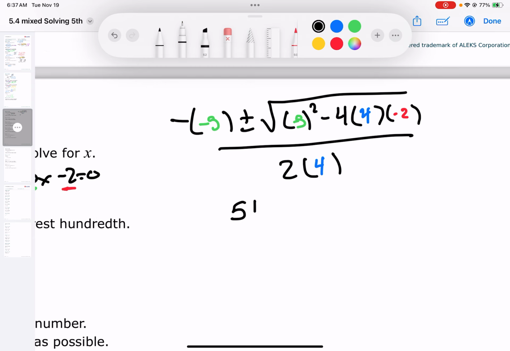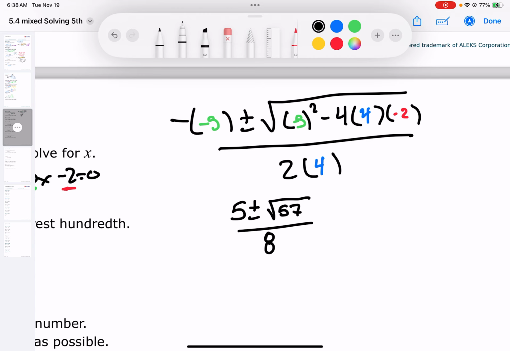Simplify, I got 5 plus minus square root. I'm going to put that into my calculator. And don't forget, use your parentheses. If you don't, you might get something wrong on this one. I got 57 divided by 8. I'm going to go 5 plus square root 57. Do you want to click enter before I divide by 8?